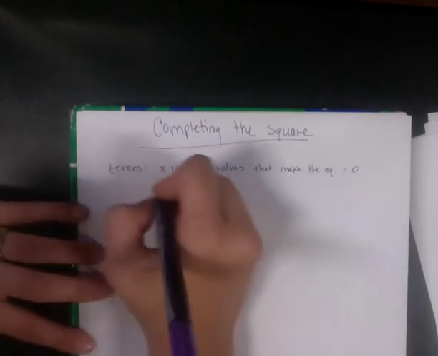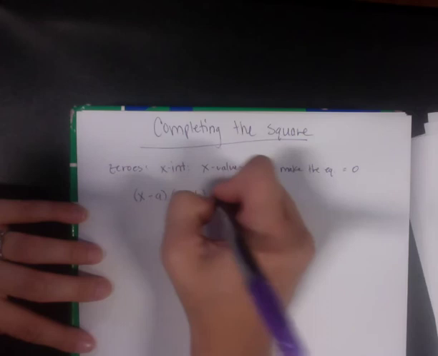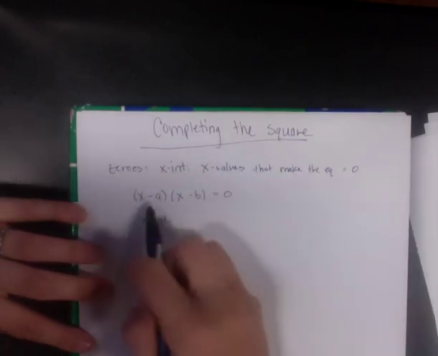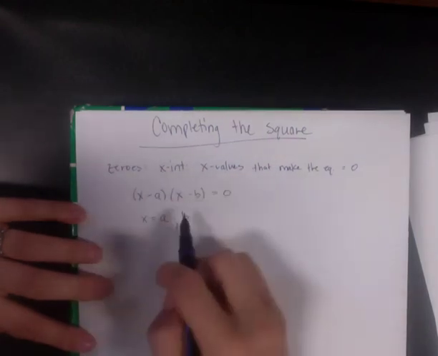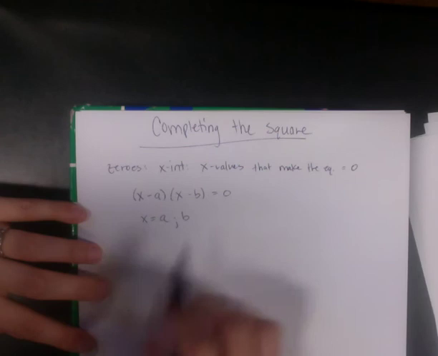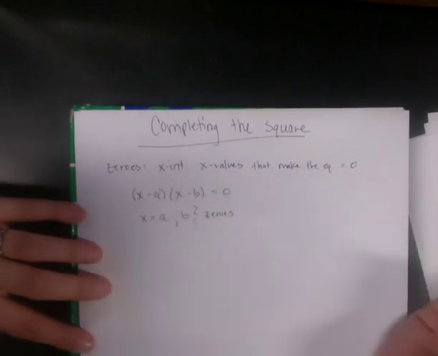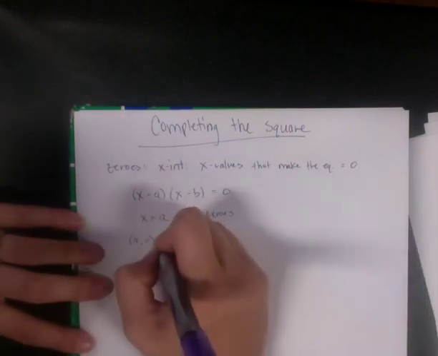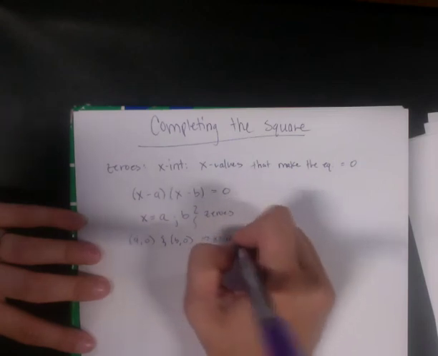So, as an example of a zero, if we had x minus a times x minus b equals 0, we know that if I plugged in x equals a, a minus a is 0, this would be true. And if I plugged in b, b minus b is 0, this would be true. These are my zeros. They're also my x-intercepts, (a, 0), (b, 0). These would be my x-intercepts.